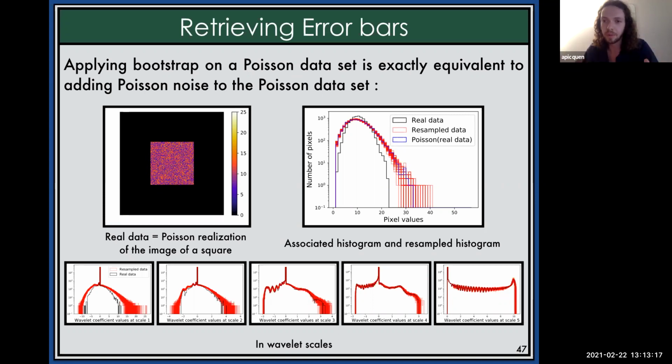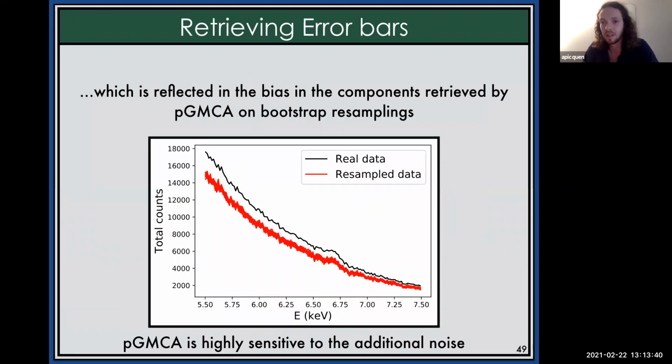But I think the principle of bootstrapping the photons can be meaningful, but only for linear estimators, and the PGMCA is clearly not linear, so it was not. The bias induced by the addition of this Poisson-like noise caused huge biases in the PGMCA as well.